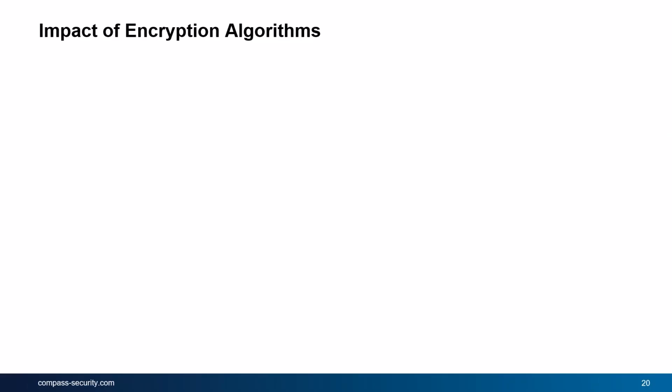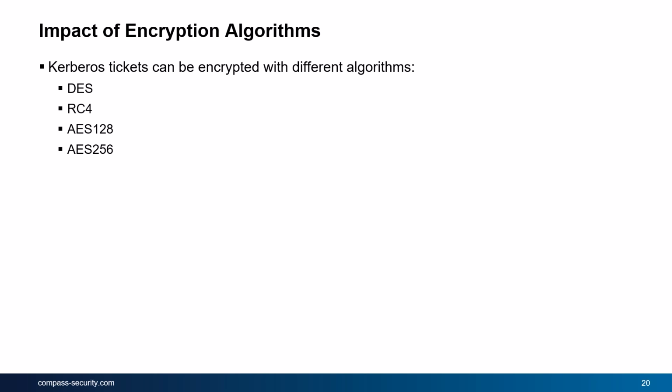Now on the encryption algorithms that are used, and specifically on the impact on cracking, just a quick overview on that. As we've already learned previously, in Kerberos you can use multiple encryption algorithms. Initially there was DES, and nowadays we have RC4, AES-128, and AES-256.